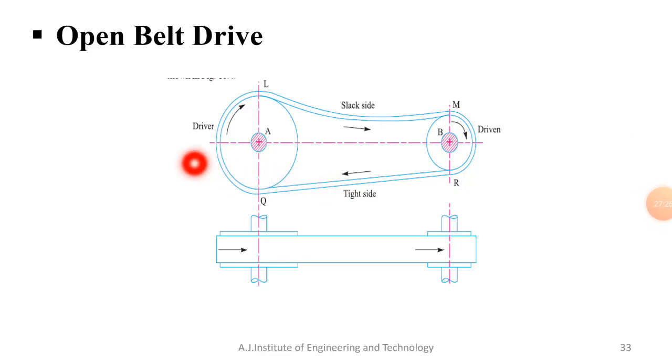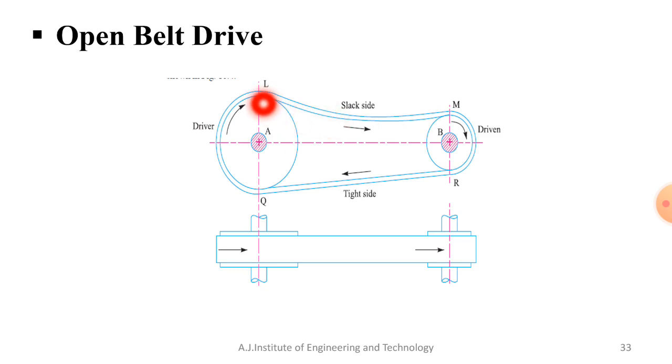Here, whatever the rotary motion, because the shaft is always a rotating element, based on this rotation the driver pulley also rotates. If this rotates, whatever the rotary motion, that will be converted into translatory or reciprocating motion of the belt.